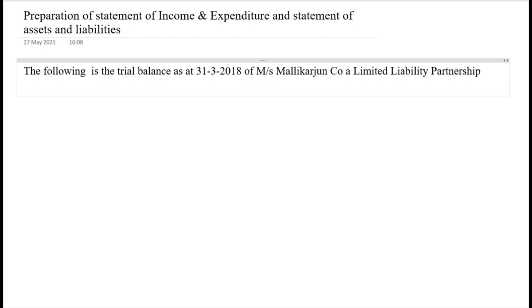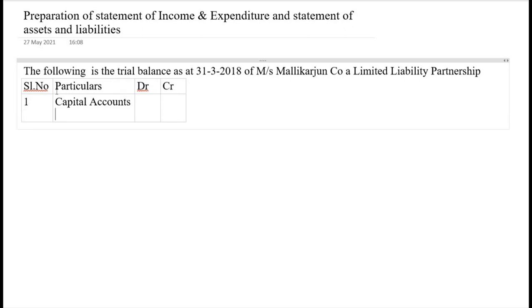So let me insert the columns here. We need 4 columns. So serial number, then particulars, debit, credit. So 1, capital accounts, wherein we have got Ganesh, then Vinayak.